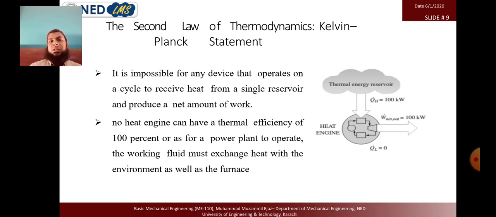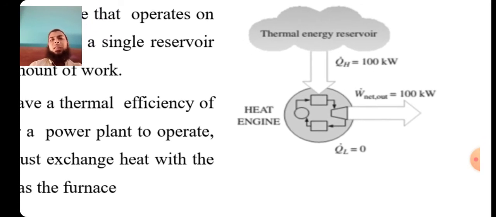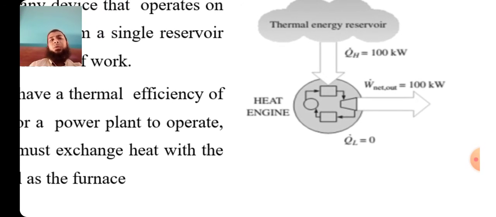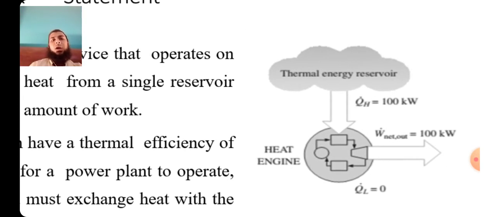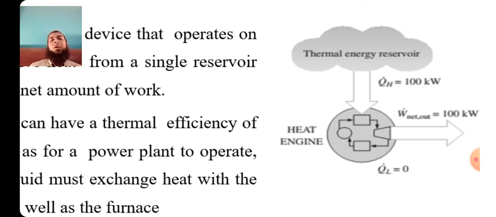First we read out the statement: it is impossible for any device that operates on a cycle to receive heat from a single reservoir and produce net work output. So by this definition, we already studied that it cannot be possible to convert, for this example, 100 kilowatt of heat energy directly into work without losing heat to the surrounding environment or heat sink.